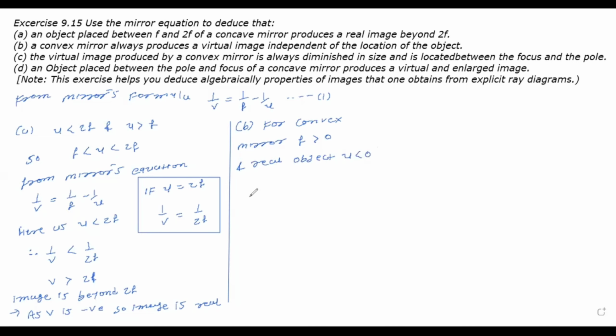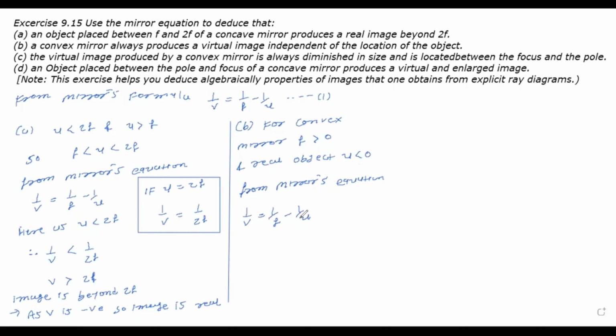Object distance is negative, but the focal length is positive. Therefore let's use the mirror equation. From the mirror equation we can say 1 over v is equal to 1 over f minus 1 over u. In this formula, f is greater than 0, so this term will be positive, and here u itself will be negative.